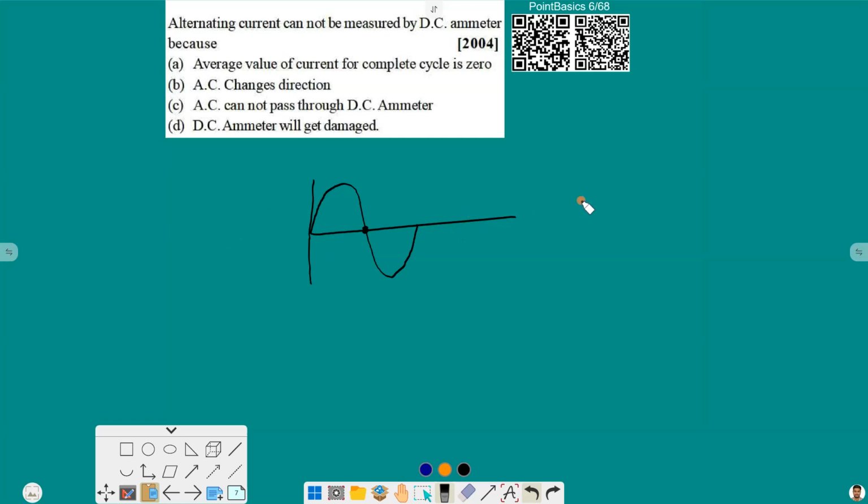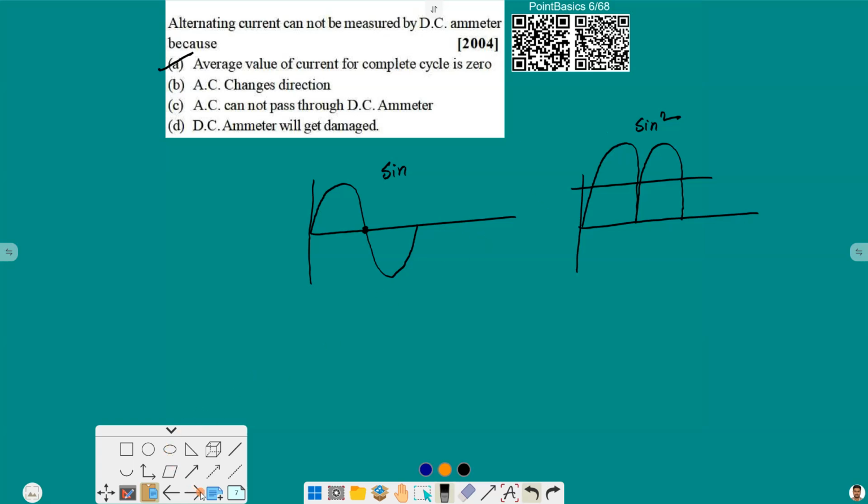So when we square this sine, this negative part becomes positive, and now we can take the average of it, and that average comes out to be exactly half. Okay, so option A will be the right answer. This is the sine graph, and this is the sine square graph.